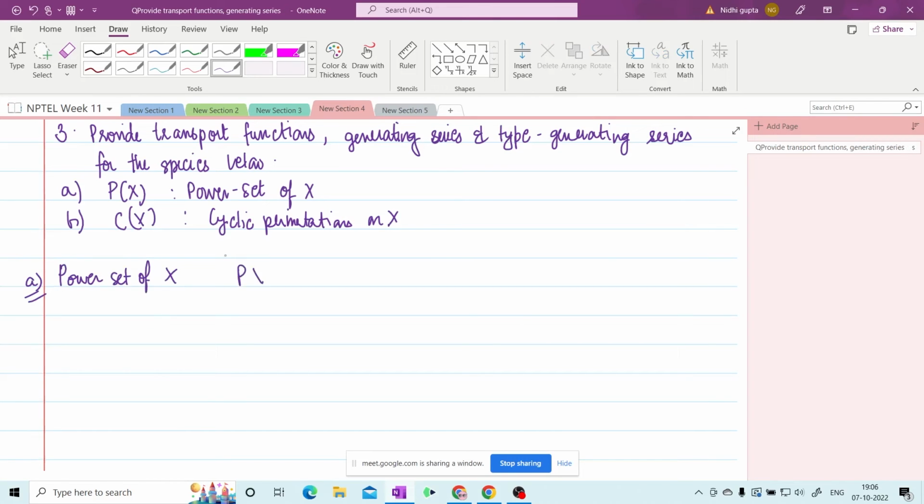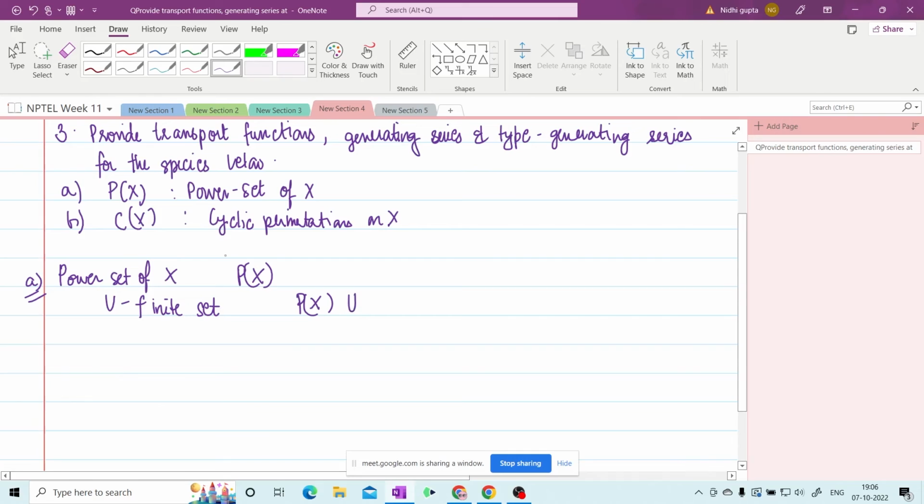So what is a species? It is a rule where, if u is any finite set, it is assigning a finite set to each u. So what is Px of u? Since it is the power set of x, Px of u is the collection of all subsets A of u, such that A is a subset of u.